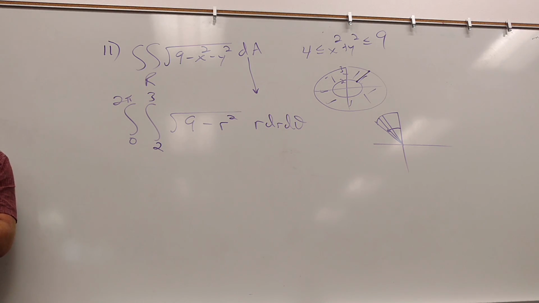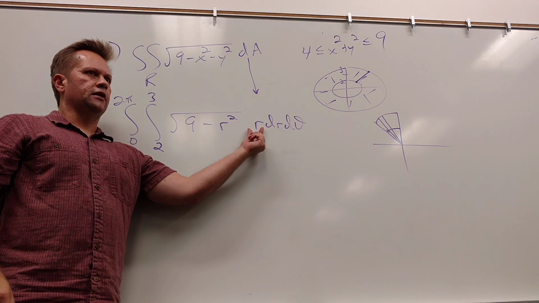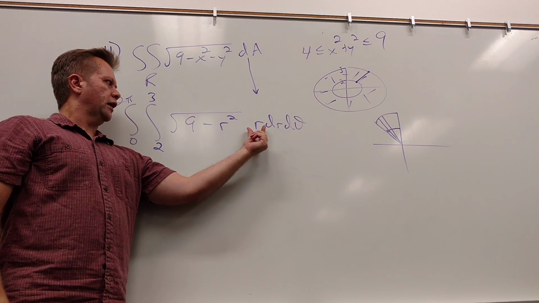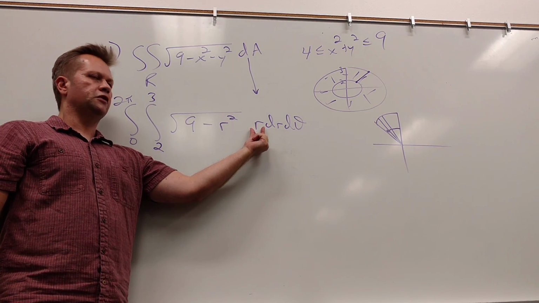So that was not a horrible one. Most of the ones in that section I don't think were too horrible. And the beautiful thing is, of course, if I'm not careful, I'll give you something that's impossible. But that beautiful little r.